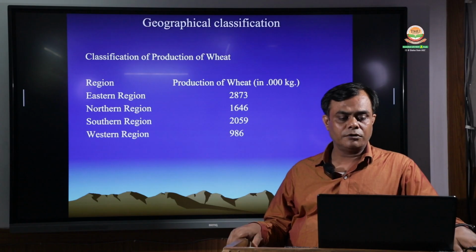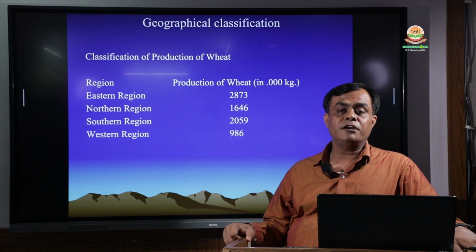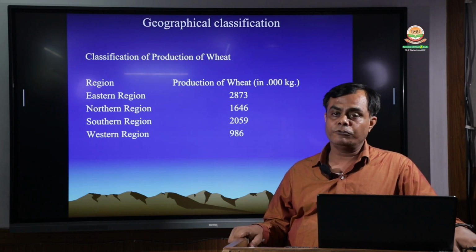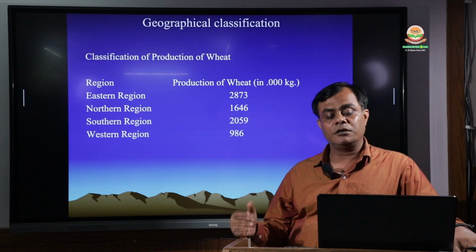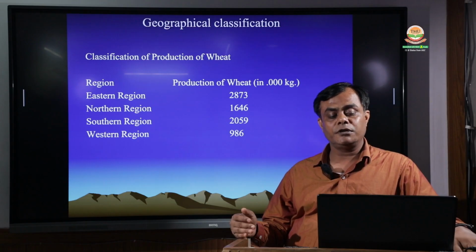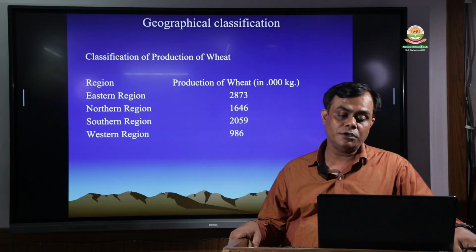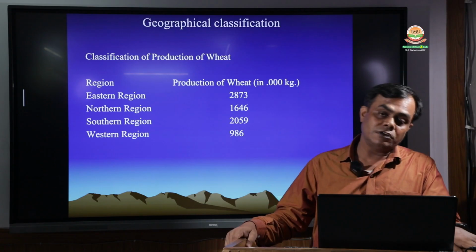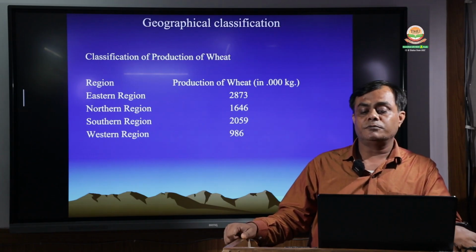Here we are classifying the production of wheat. We have divided the wheat production into four regions: the eastern region, the states in the eastern part of the country; the northern region, the states in the northern part; the southern region, the southern states of the country; and the western region, the western states of the country.